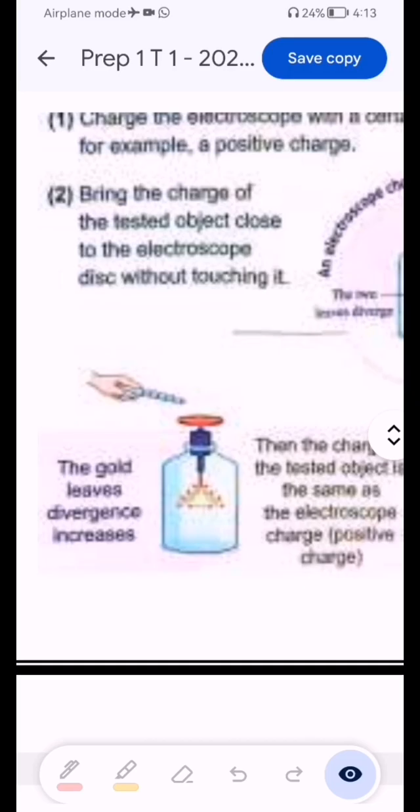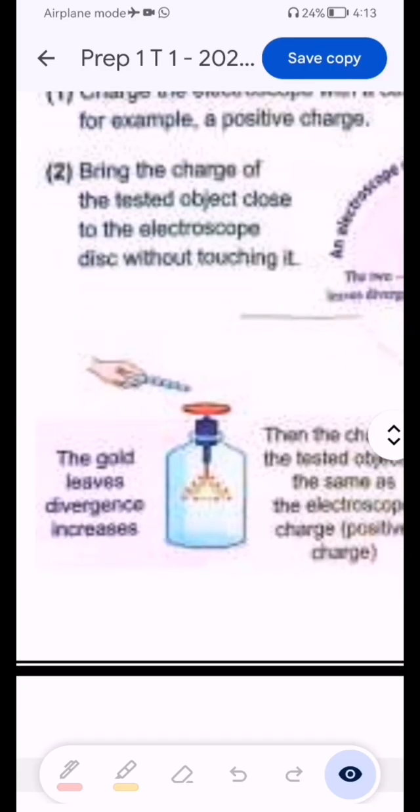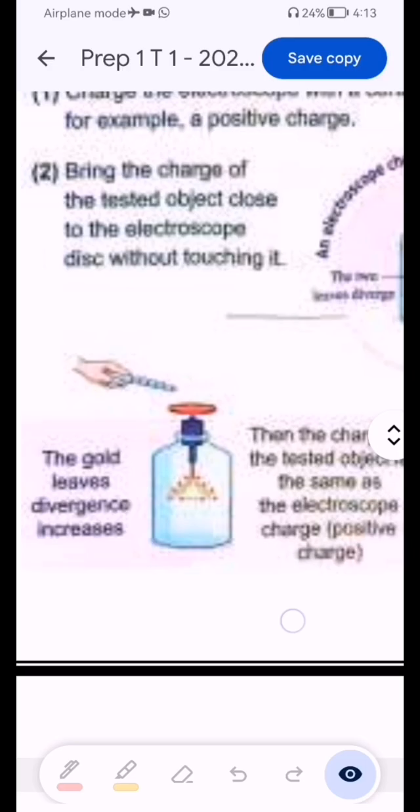If you look at the leaves in this case, you will find the divergence or repulsion between them increases. That means the object has the same charge as the electroscope. We said the electroscope has a positive charge, so the object also has a positive charge, because like charges repel each other. So the divergence between the leaves increases.